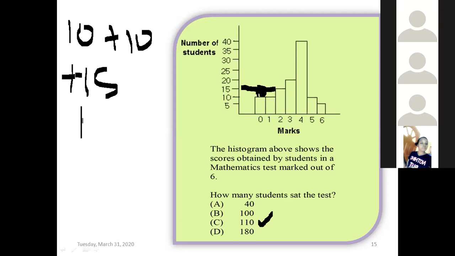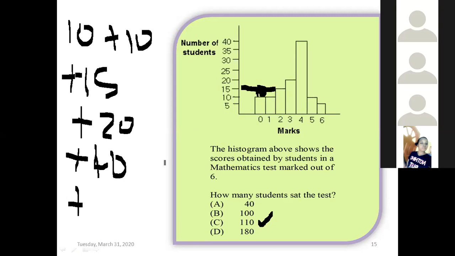And then the other one looks like 20. And then the other one is 40. Then we come back down to this one here, which I believe is 10. And the last one is 5. If you add all of that, you're supposed to get 110.